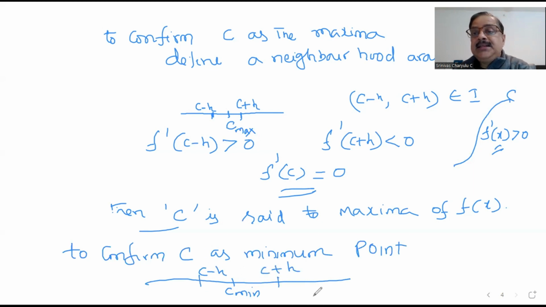This was for maxima. In this case, it is a decreasing trend. So f dash c minus h is less than 0. Here, actually we should write greater than 0, correct only.